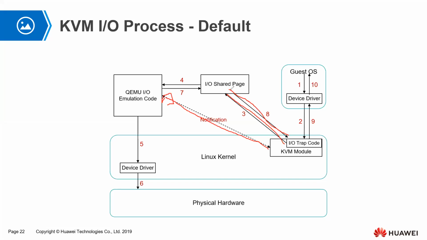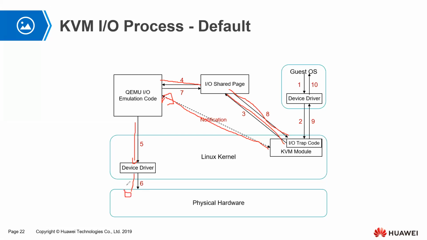After receiving the notification, QEMU obtains the details of the input request from the shared page. Then QEMU simulates the request and calls the device driver running in kernel mode to actually perform the request on the physical hardware resources.